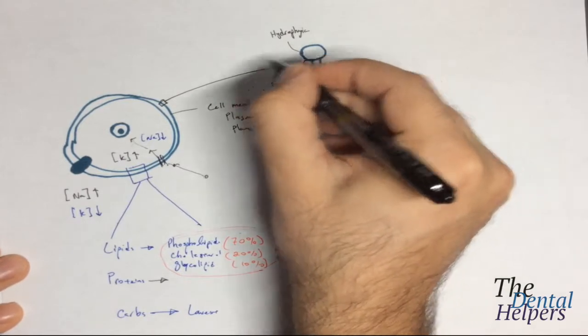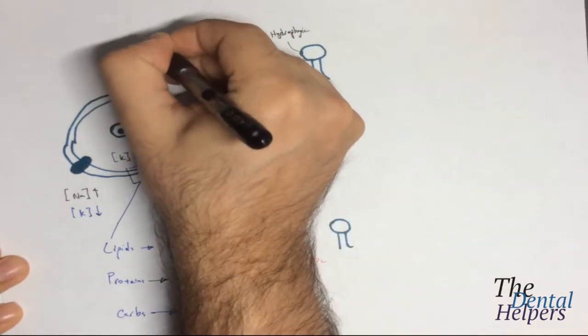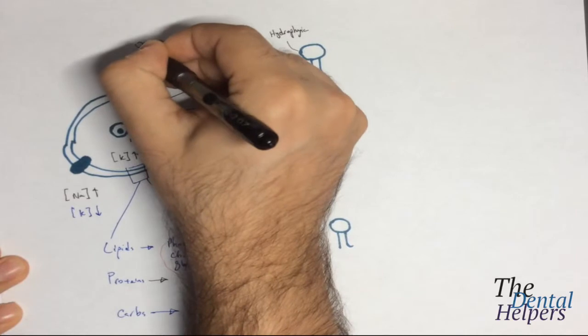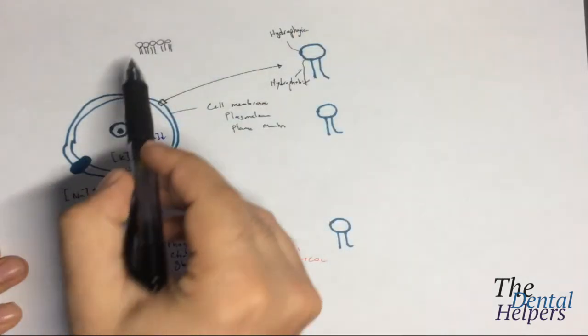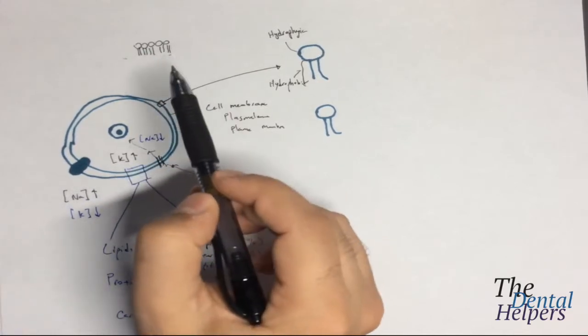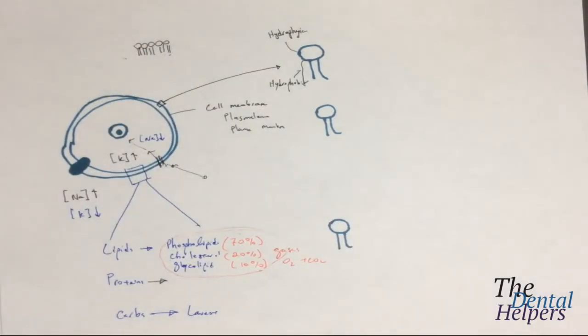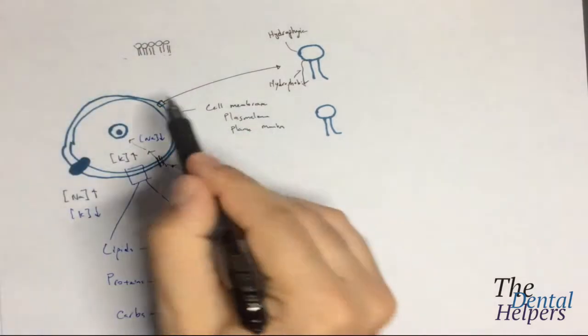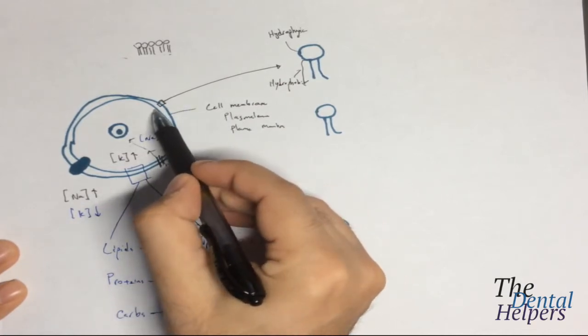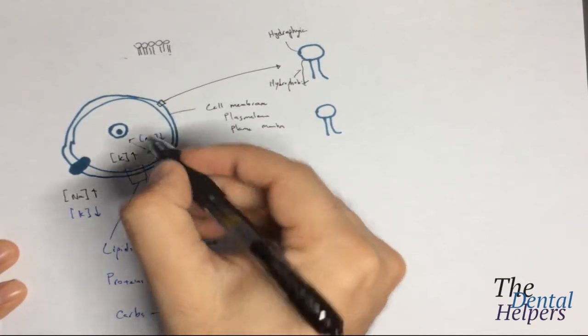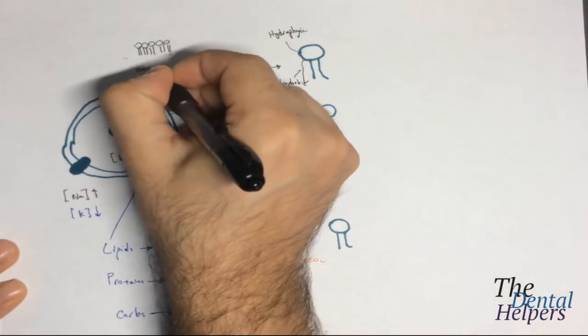And the hydrophobic tails are going to want to line up next to each other because they like each other. Think of magnets almost. And so we're going to have one set of hydrophilic heads facing the extracellular space and another set facing the intracellular, because we have what's called a lipid bilayer.